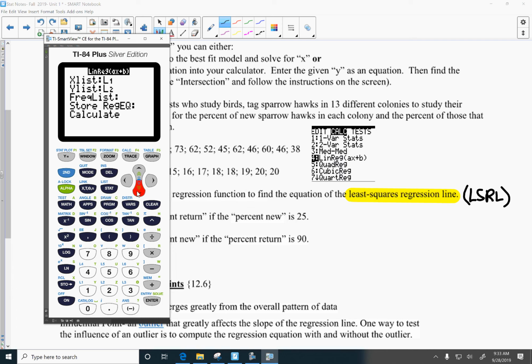We're also going to include an additional step here, and I'll show you why it's important in a second. A brief teaser is that it has everything to do with answering the next two questions. In frequency list, leave it blank, so clear it out.